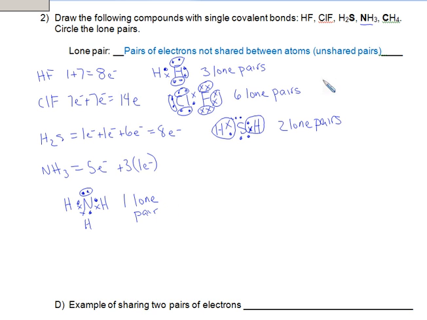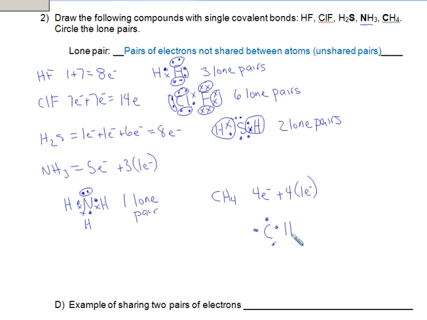Our last molecule is going to be methane. This is the primary component of natural gas, so CH4. Here we have 4 valence electrons from carbon plus 4 valence electrons from the 4 hydrogens. So carbon has the 4 valence electrons.